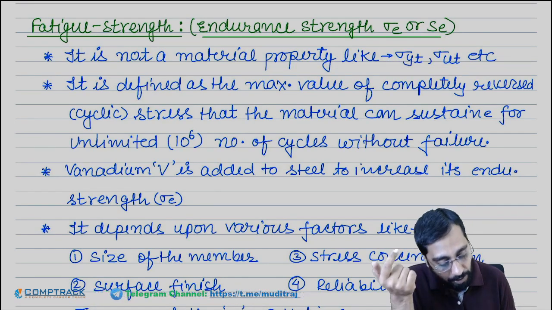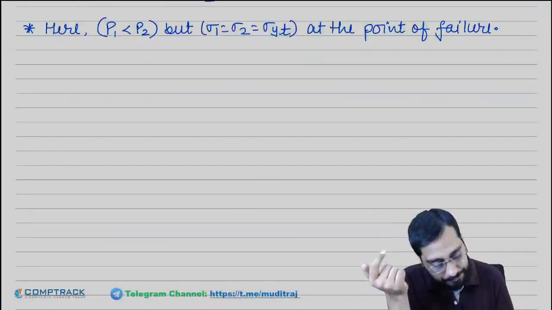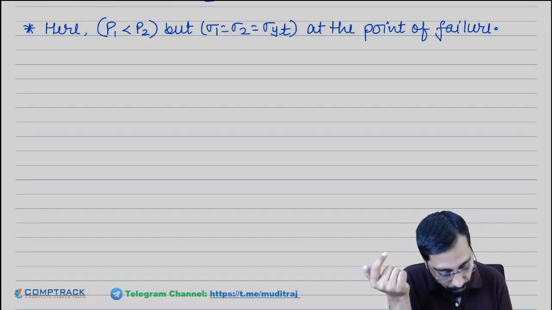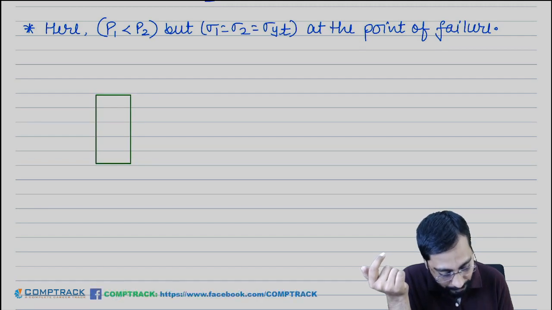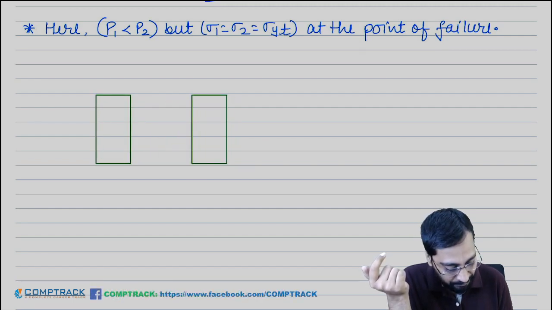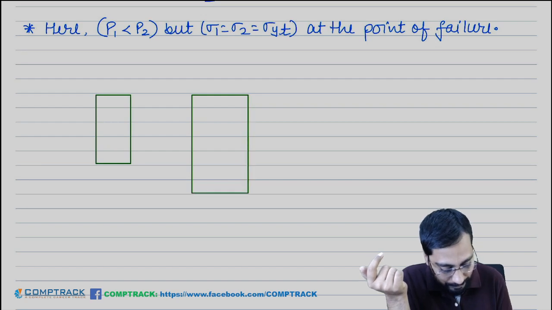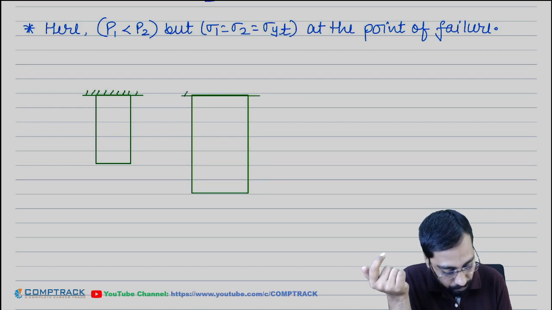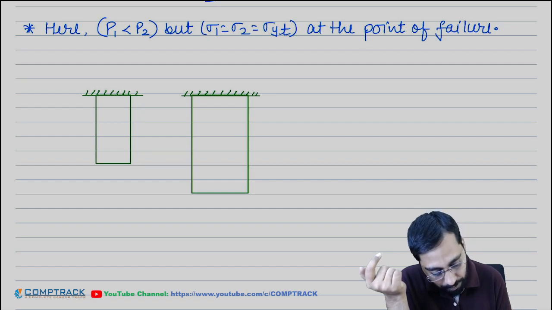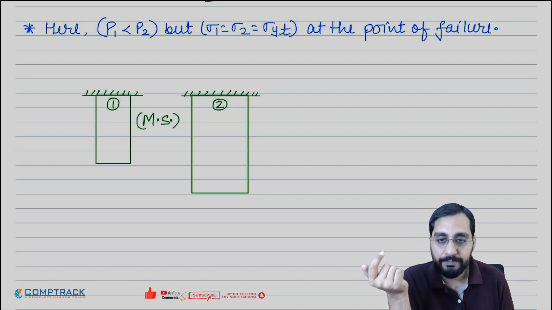Means for the same material, if there are two bars, sigma E1 will not be equal to sigma E2. Let's say both are made up of mild steel.